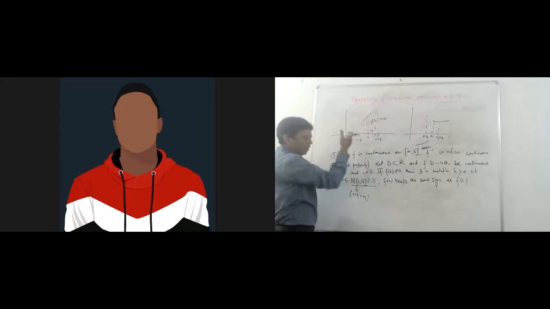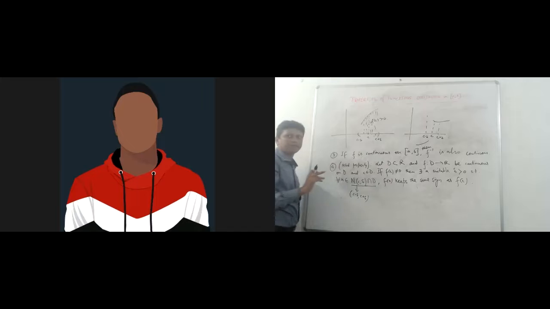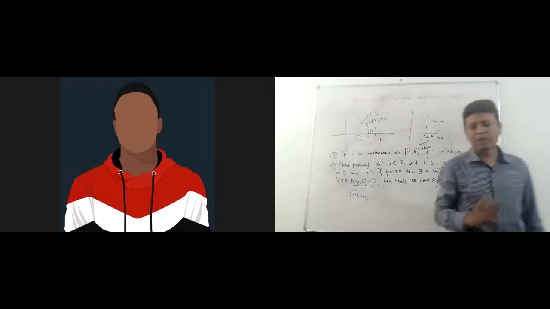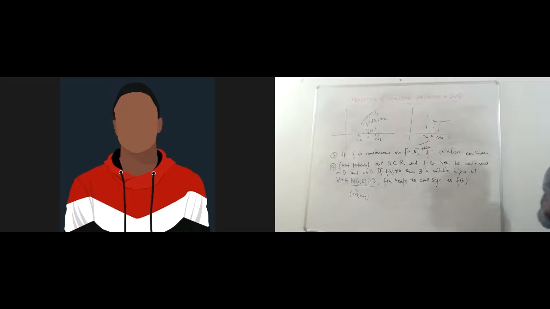If it is negative, all are negative. So this is sometimes called the sign preserving property of continuous functions. Understood, sir.